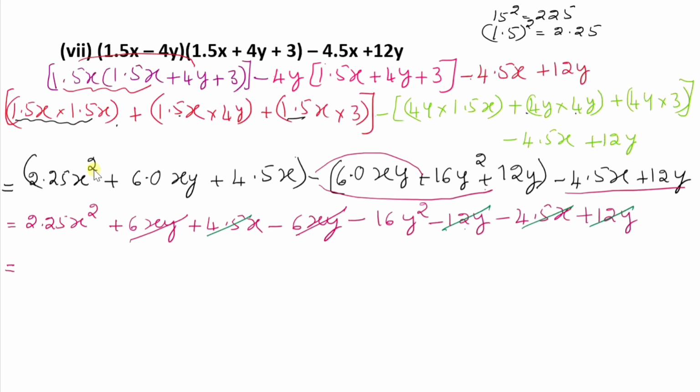Then we will be left with only two terms, that is 2.25x square minus 16y square. Okay, so this is the final answer.